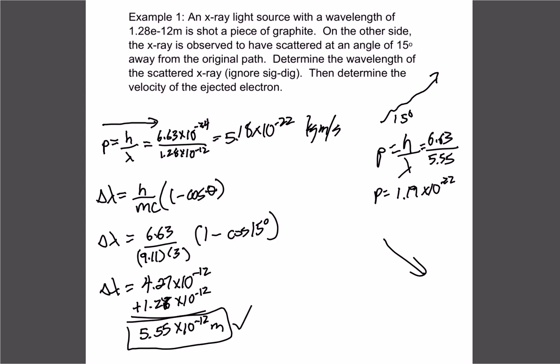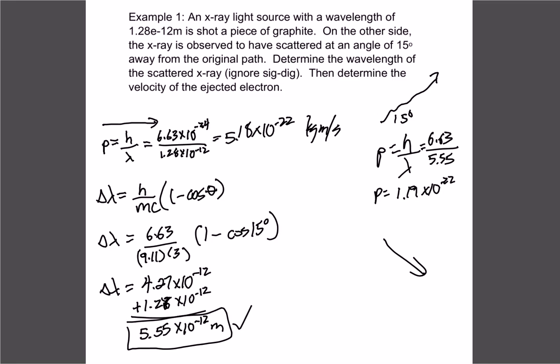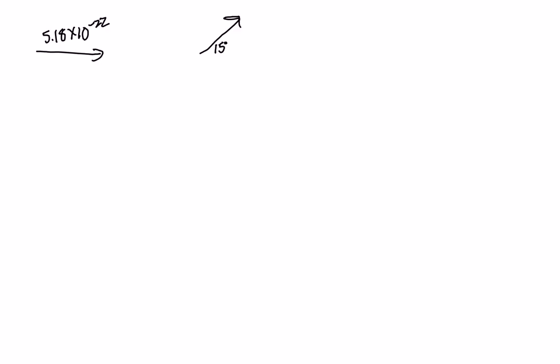Our incoming momentum was 5.18 to the negative 22, and we've got our angled one at 15 degrees, and it was 1.19 to the negative 22. And we know our electron is going to go off something like that.